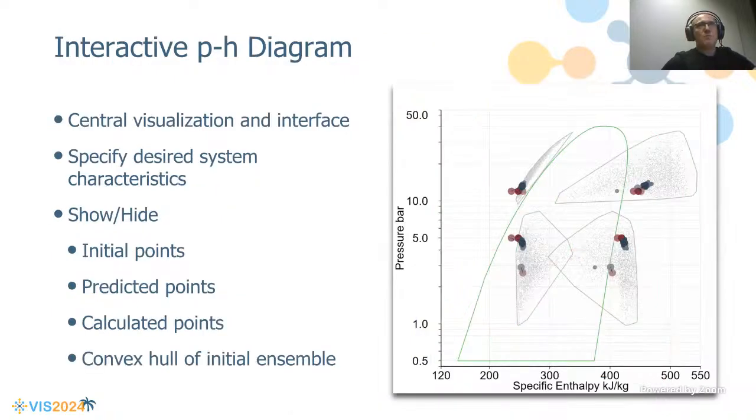We introduced the interactive pH diagram as our central visualization and interface, where we can specify desired system characteristics. Alongside the initially computed points, we have predicted parameters and computed cases based on these predictions, as well as several refinements at each iteration.